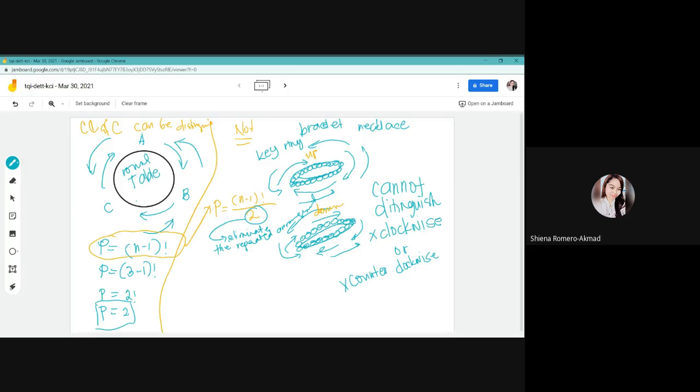So kapag circular or round table ang given, ganito po yung formula natin. Pero kapag ang given ay bracelet, necklace, keyrings, lalo na sinabi na no lock or sinabing without lock, ito po yung formula na gagamitin.